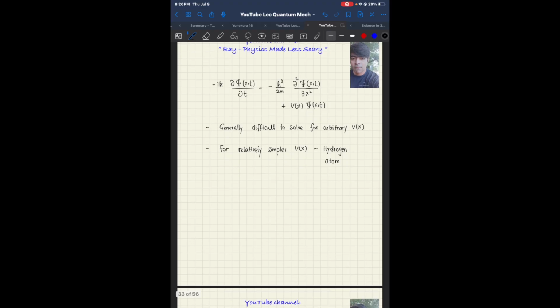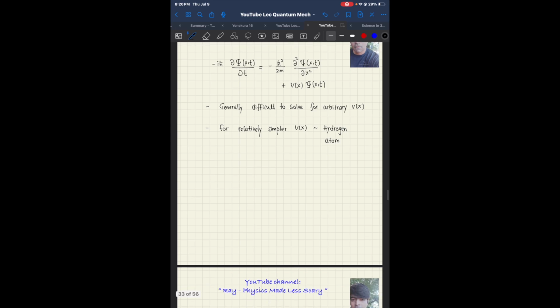Okay, good. So what would the strategy be to solve this equation? Well, the strategy is to try and have an ansatz. This is called an ansatz. Ansatz means a guess. So we will try and guess a particular form of a solution.